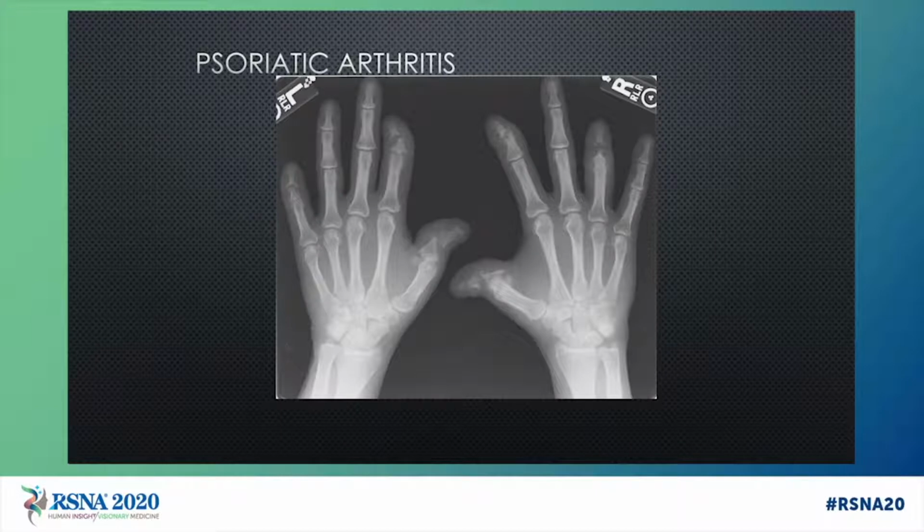Now, infection typically is monoarticular. Other arthritides are more likely to involve multiple joints, such as in this case of psoriasis, where we have pencil-and-cup deformities and erosions in multiple joints without symmetry.